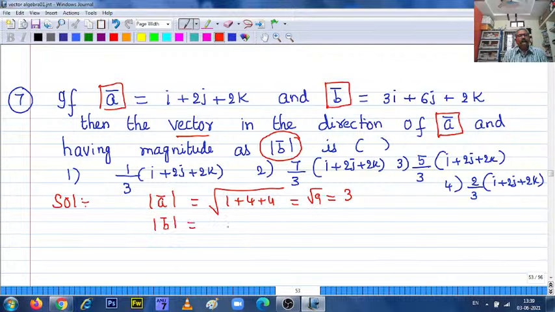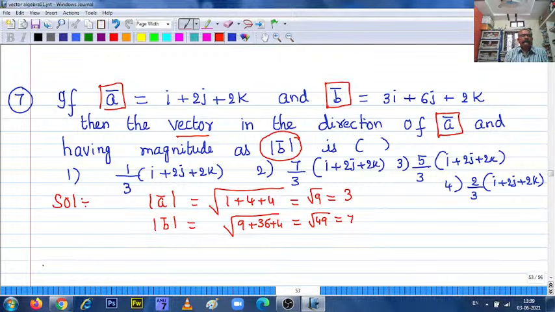Mod B, root of 9 plus 36 plus 4, root 49, so 7. That means 7 by 3. Second option will be the right option. Without doing also we can say.